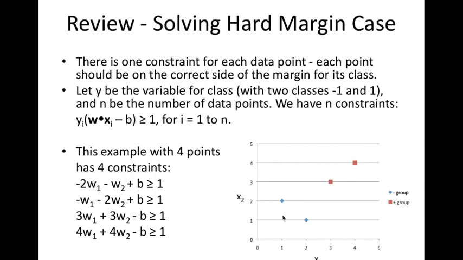For example, for 2, 1, we would get minus 2w1, because y here is negative 1, minus 1w2, plus b, again because y here is negative, we end up with a positive b, is greater than or equal to 1, and so on and so forth.